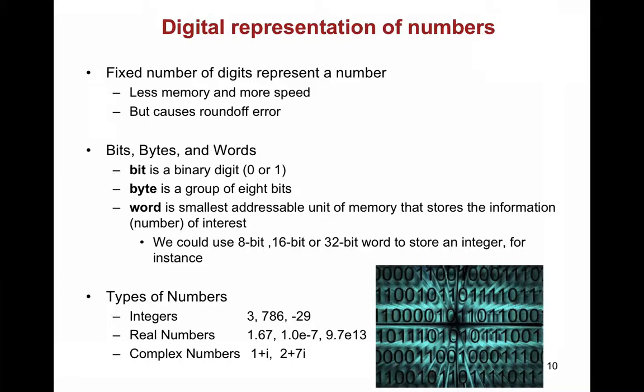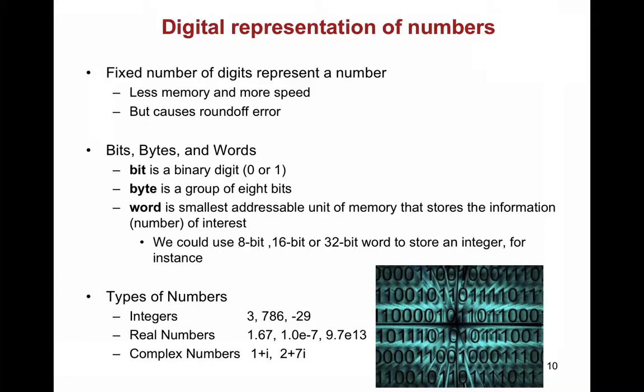If I had 138.12, I would add this 0.12, which is 1 times 10 to the minus 1 plus 2 times 10 to the minus 2, 0.01, yes? So it's still all digital, and it's still all powers of 10. It's just I go positive down to 0, and then I start negative after the decimal point. So we kind of accept that system, and we don't even think about it.